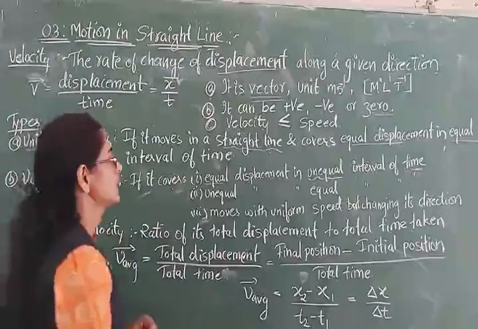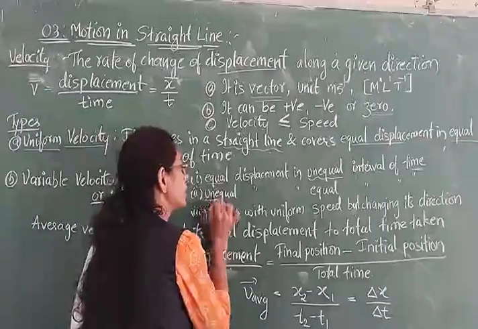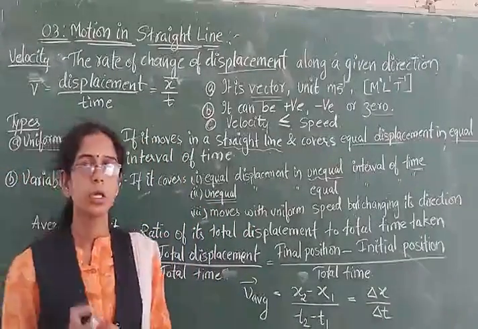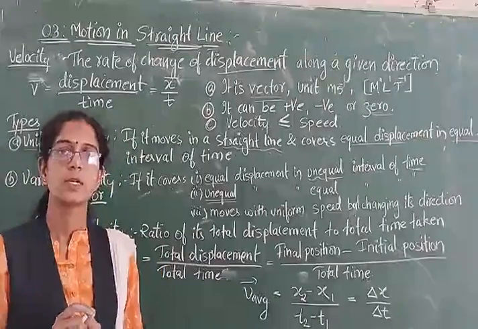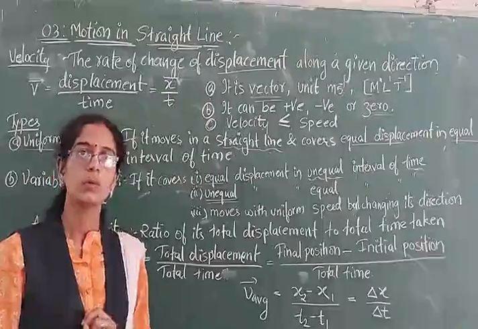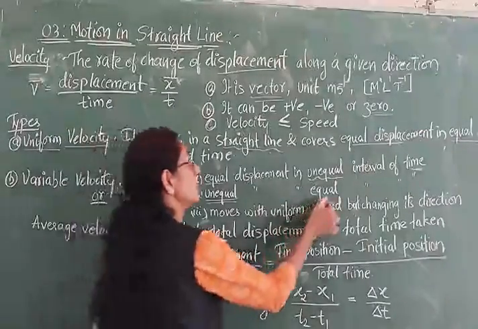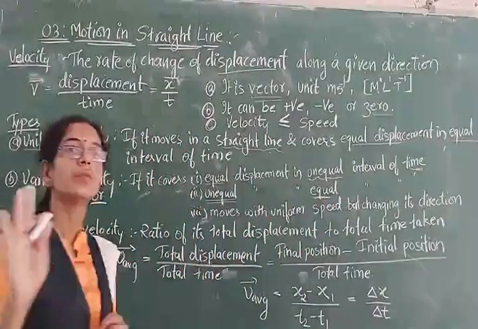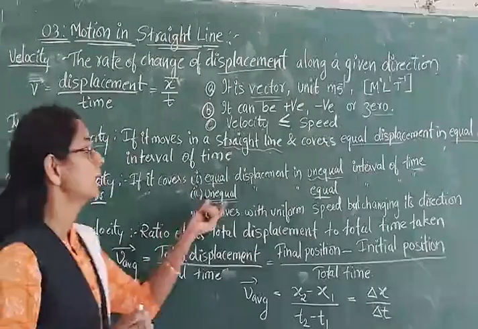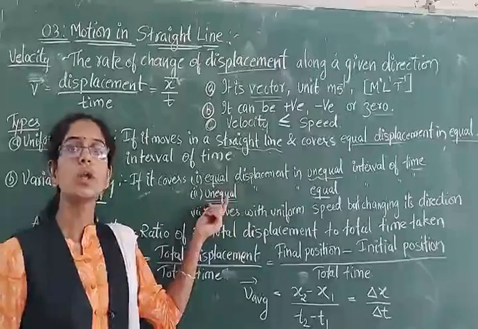The second case is if the object is covering unequal displacement. If the displacement is not remaining constant throughout the motion, even if the time interval is remaining equal, that is also called variable velocity.